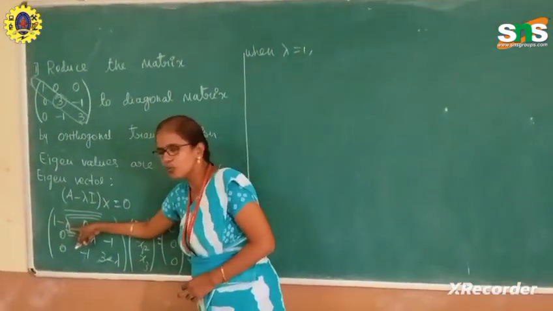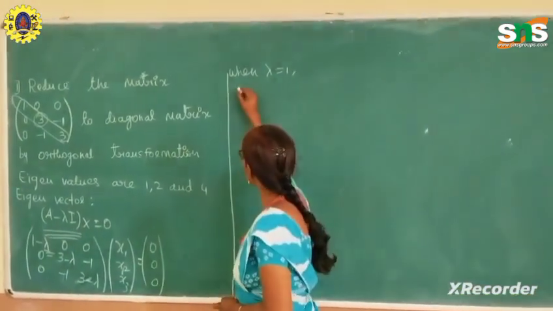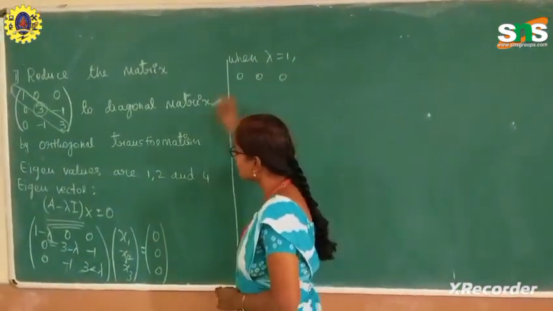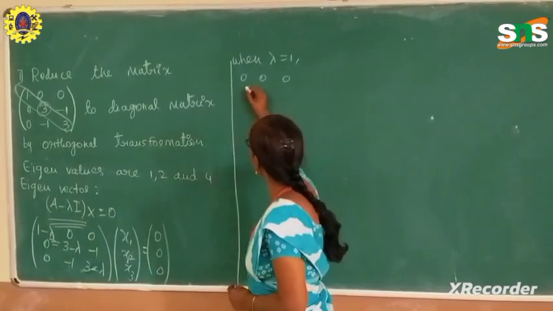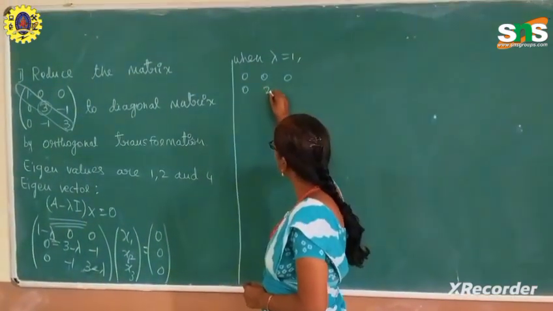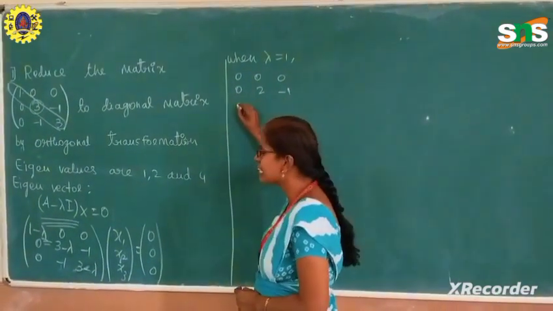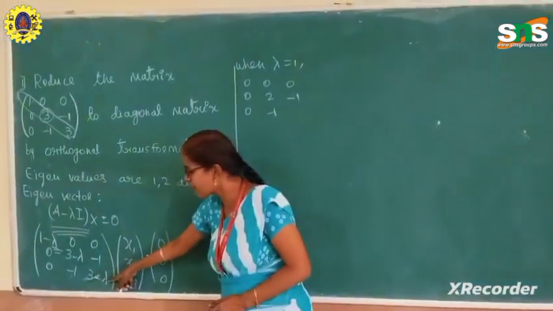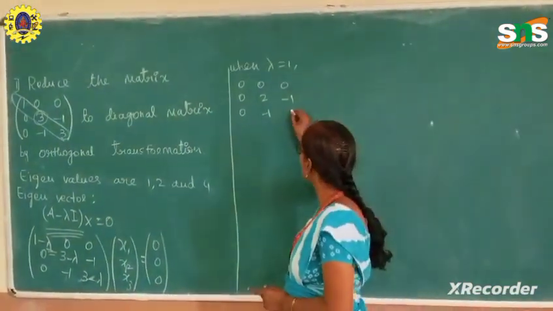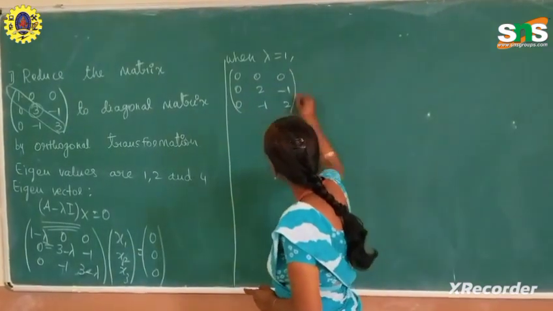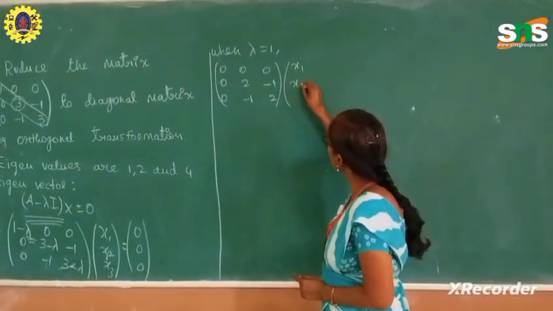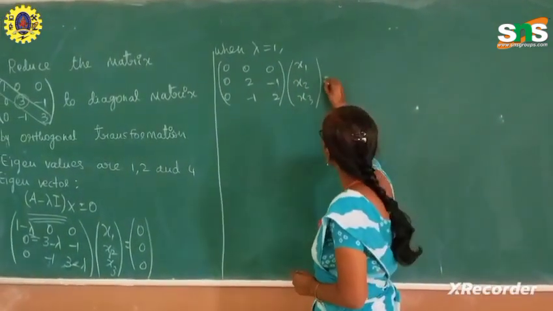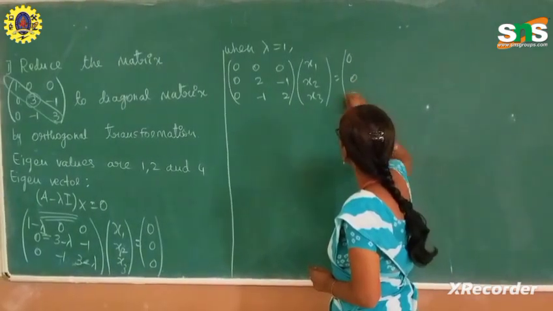Then 1 minus 1 is 0, 0, 0. The second row is 0, 3 minus 1 is 2, and minus 1. The third row is 0, minus 1, and 3 minus 1 is 2. That is into x1, x2, x3 equal to 0, 0, 0.